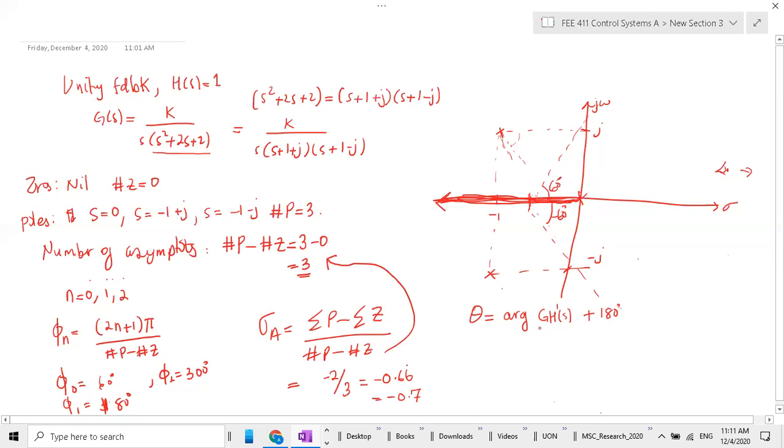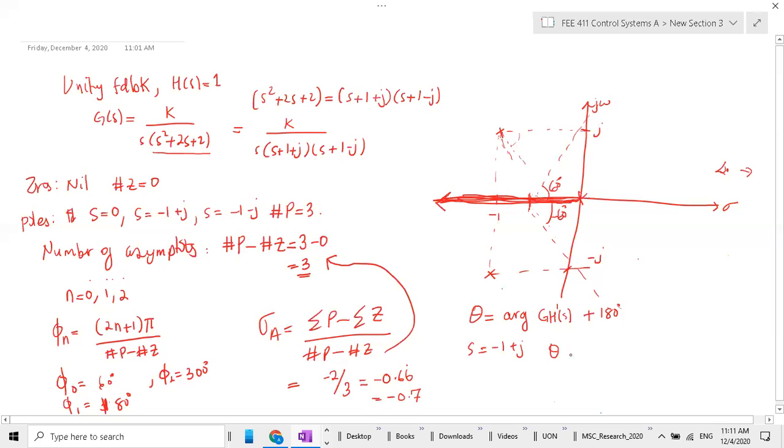So you get the argument or angle of the open loop transfer function excluding the contribution of the point where you are calculating. Let's say we want the angle of departure here, and we know this point S is minus 1 plus j. So you get the argument of G(s)H(s), but excluding the contribution of that point where you are calculating.